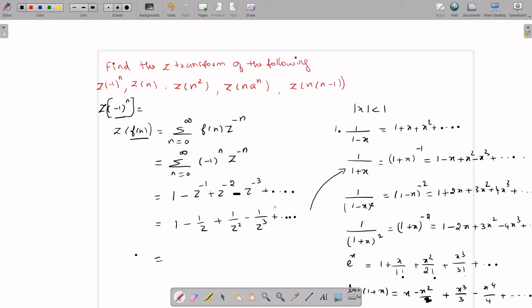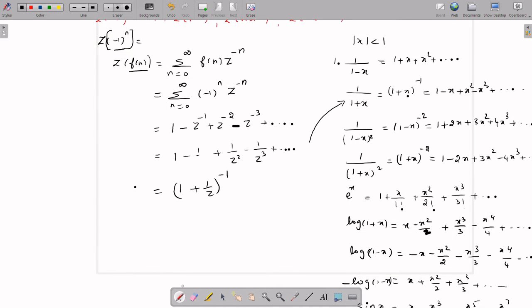In the place of x you have 1 by z. So you can write this to be 1 plus 1 by z whole power minus 1. Is that clear? Comparing this, when you're writing this you have to compare this formula.